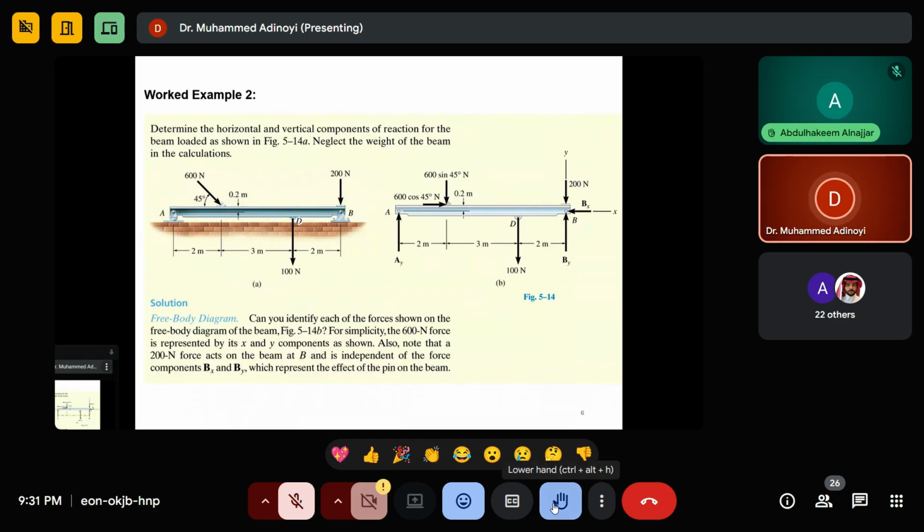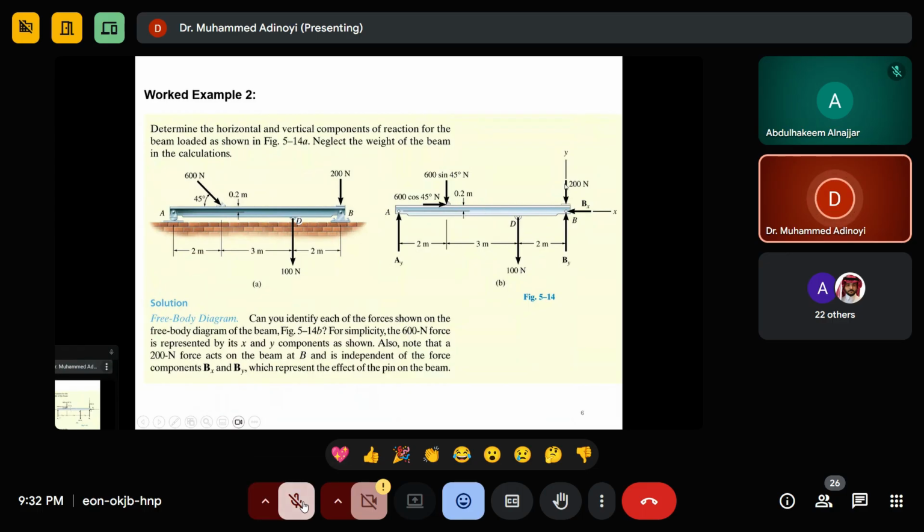You can decide to take anti-clockwise to be negative, but then you have to maintain that consistency. If anti-clockwise is negative, then clockwise becomes positive. In our lesson, we take anti-clockwise to be positive, so clockwise becomes negative. You can decide to switch them. There is no issue. You are still going to get the same answer as long as it is moment. Is it clear?